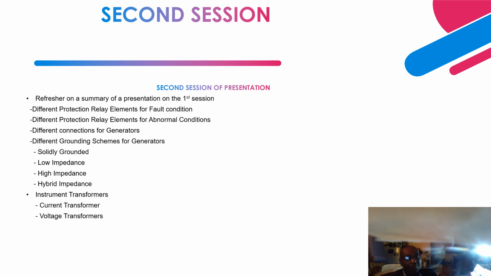Then I did discuss and present the different connections that we have for generators, where we have direct connected, where the generators are directly connected to a bus, or unit connected, when the generator is connected to a unit generator step-up transformer through a breaker. Then we have different grounding schemes for generators that were discussed. The solidly grounded scheme is used in commercial and industrial applications.